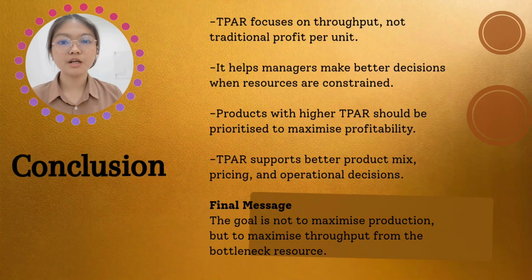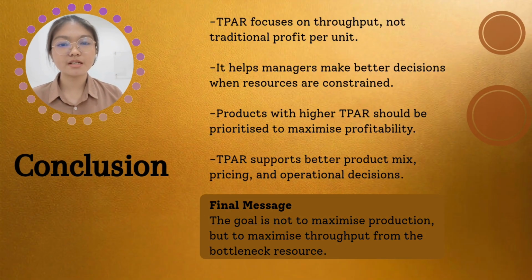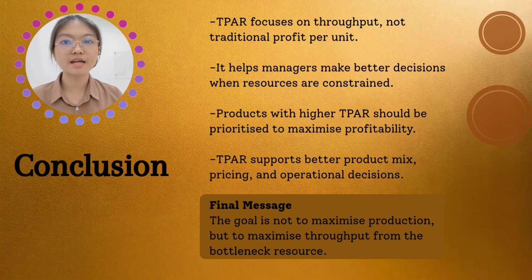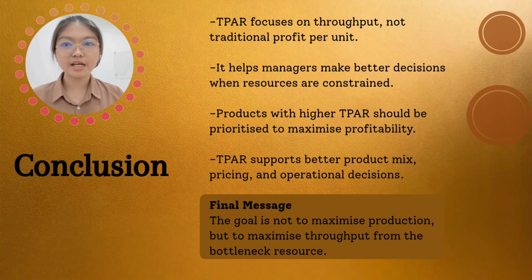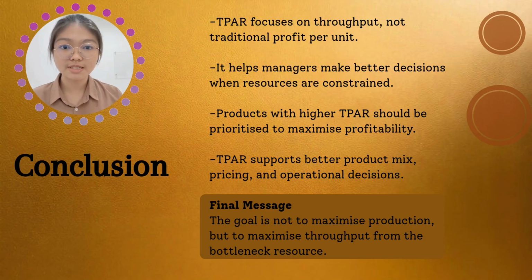To conclude, throughput accounting ratio is a useful management accounting tool that helps organizations maximize profits when resources are limited. Unlike traditional costing methods, TPAR focuses on throughput and the effective use of bottleneck resources.